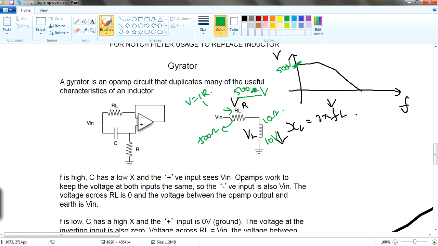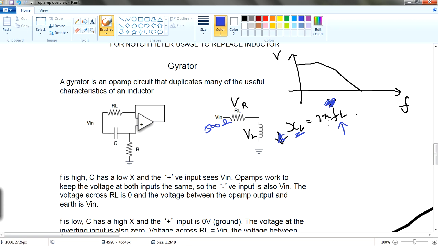So now if your frequency increases, in this case let's cancel these things, proportionally your impedance is going to increase, right? So instead of 500 ohm, this is 500 ohm, and then this is going to be what?